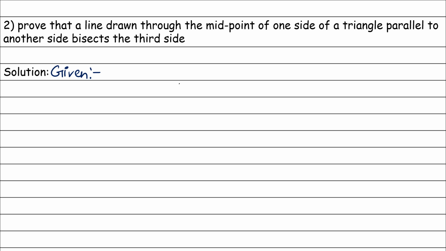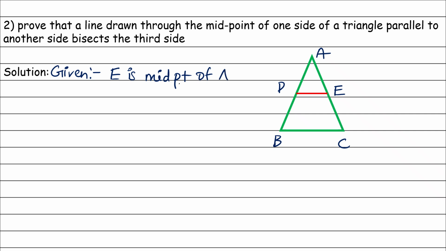So consider a triangle and consider a line. Imagine that this triangle is A, B, C, and this is D, E. E is the midpoint of AC, and DE is parallel to BC.